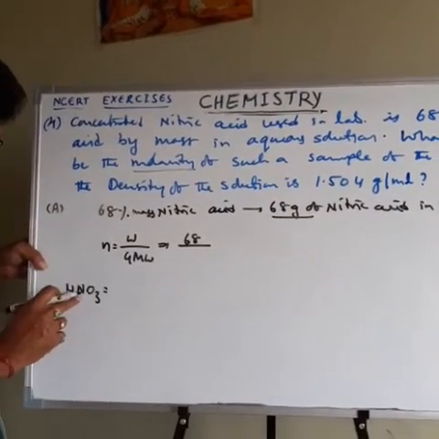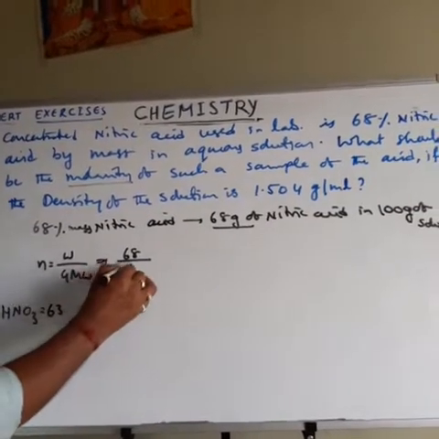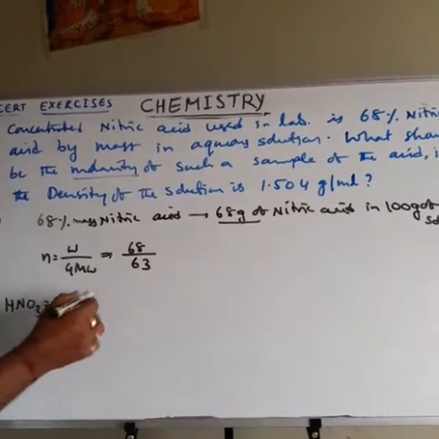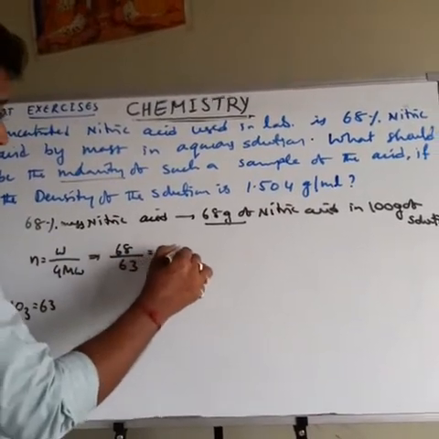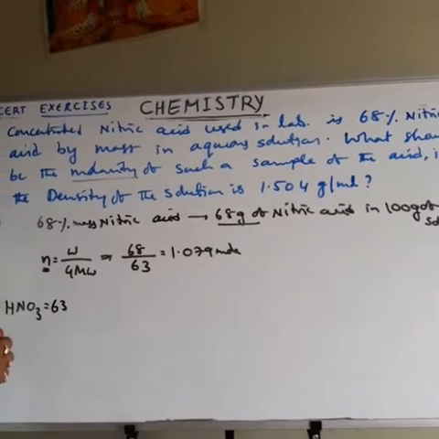So 1 plus 14 plus 48 gives 63. Then 68 by 63 gives 1.079 moles, the number of moles of the solute.